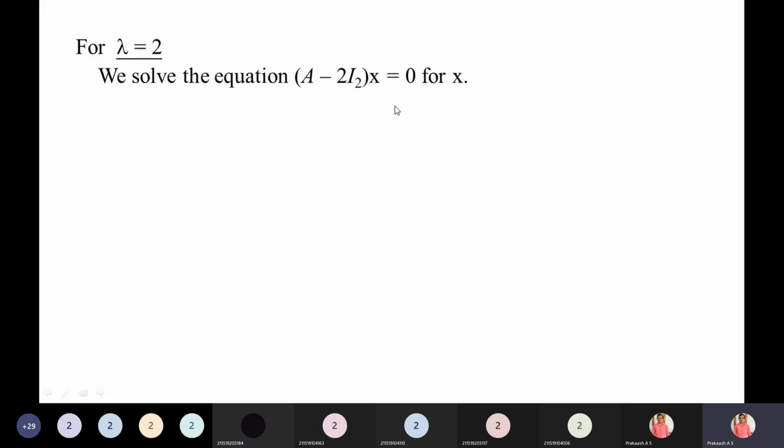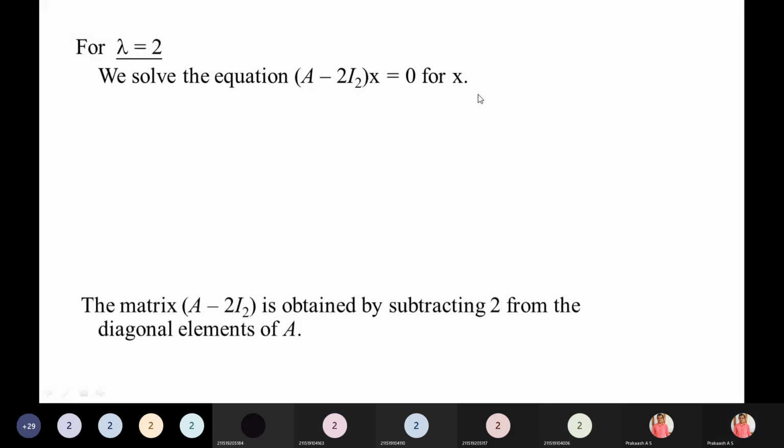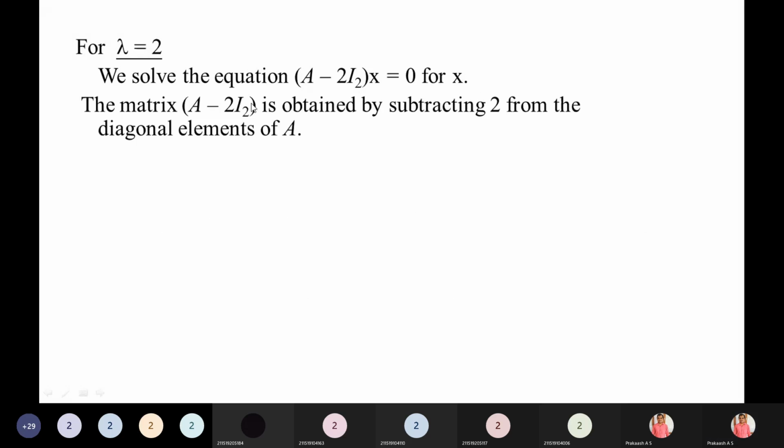For lambda equal to 2, we find the corresponding eigenvector. We solve the equation (A minus 2I2) x equal to 0. The matrix A minus 2I2 is obtained by subtracting, as we know. This leads to a system of equations.